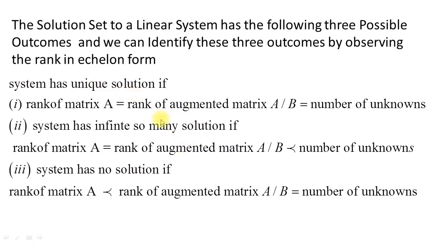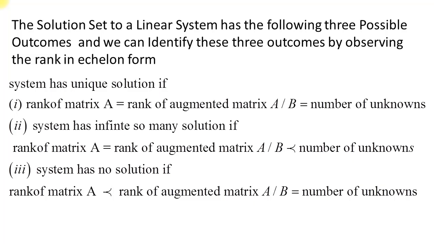So dear students, I have already told you in the previous lecture that the solution set of a linear system has three possible outcomes, and we can identify these three outcomes by observing the rank in the echelon form.